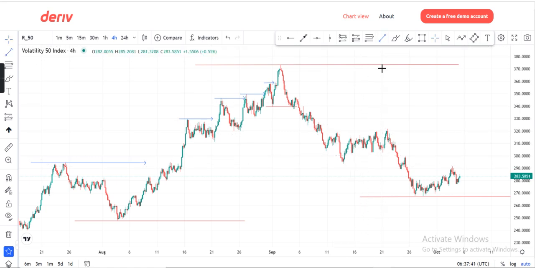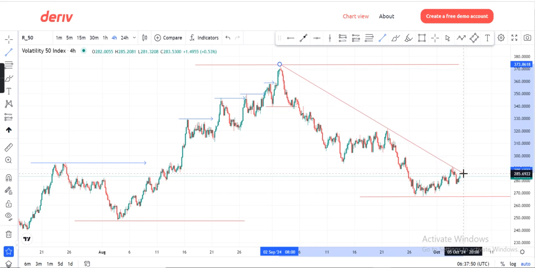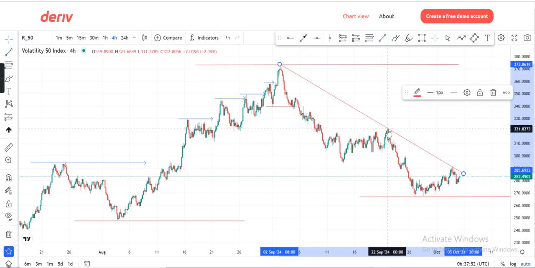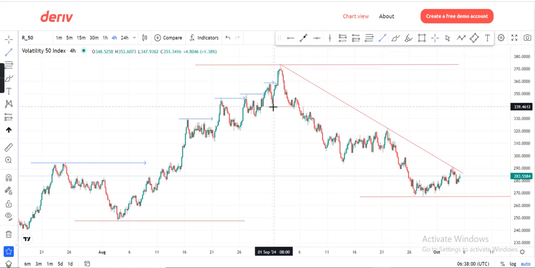Now what can we do? We can simply come and pick a spot. Now if we connect a trend line from this point, the next place it would match with is this point here, to match with this particular area. Now what are we trying to do? We want to understand what is going on in that particular area.